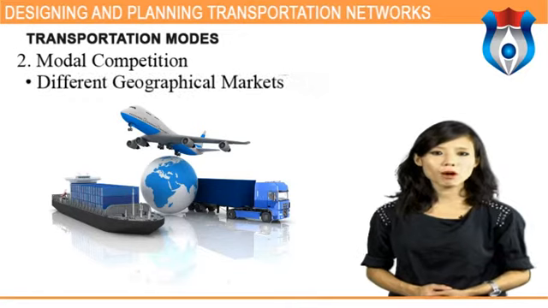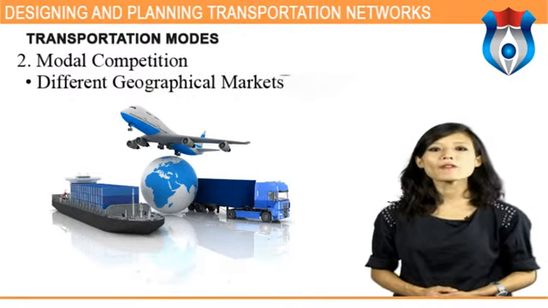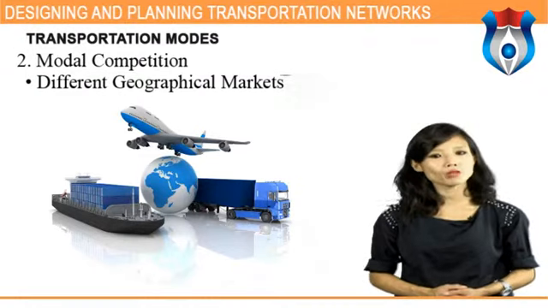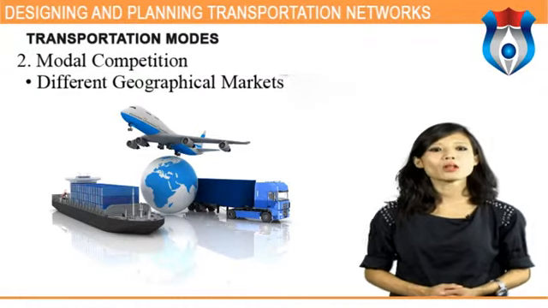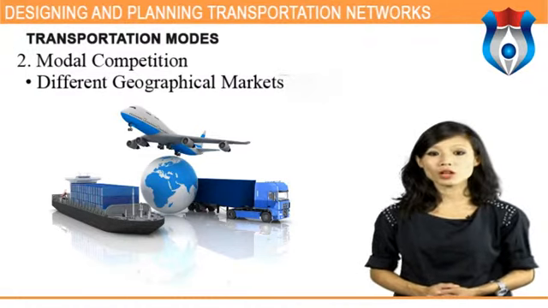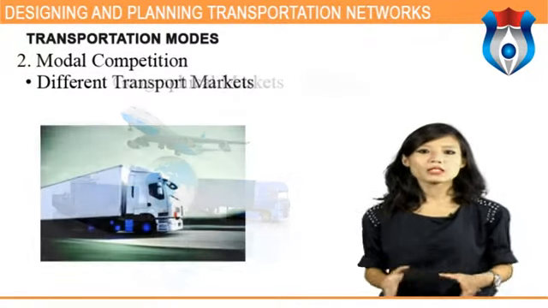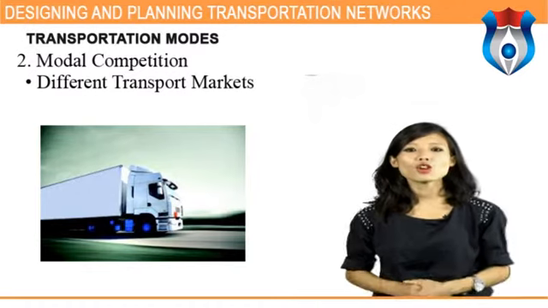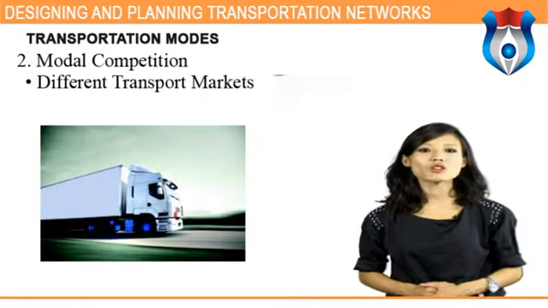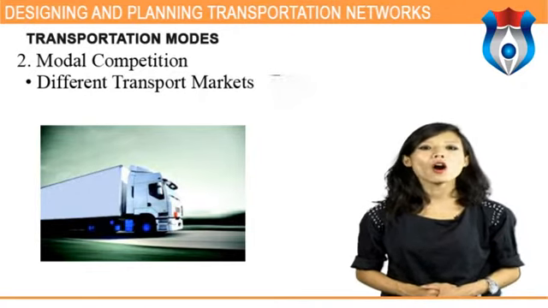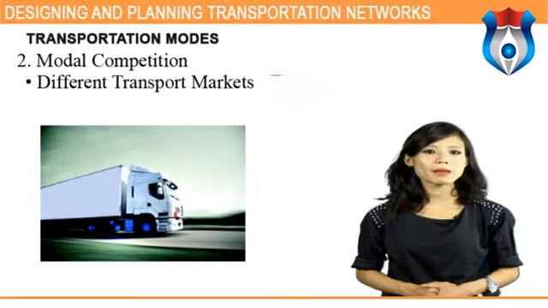Different geographical markets. It is clear that if different markets are involved, modes will permit a continuity within the transport system, particularly if different scales are concerned, such as between national and international transportation. Different transport markets. The nature of what is being transported, such as passenger or freight, often indicates a level of complementarity.